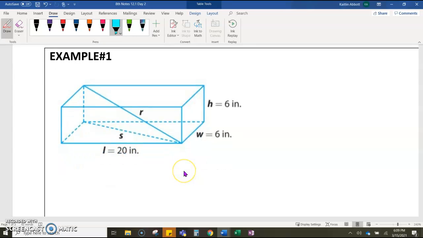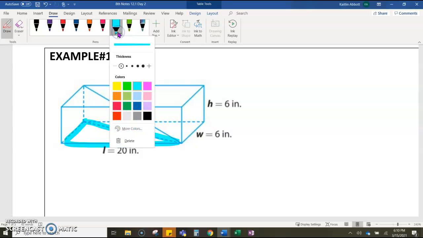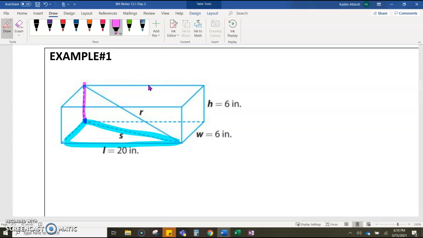So yesterday you learned that a squared plus b squared equals c squared. We're going to change around that equation just a little bit for you, so that we are going to solve this all in one step. There's another way you could do this, and you could do your same a squared plus b squared equals c squared, but you'll have to do it twice, because you would find the hypotenuse of this triangle, and then you'd be finding the hypotenuse of this triangle to find that r.